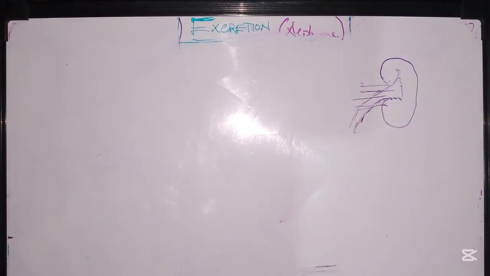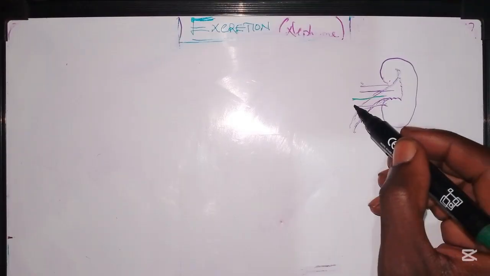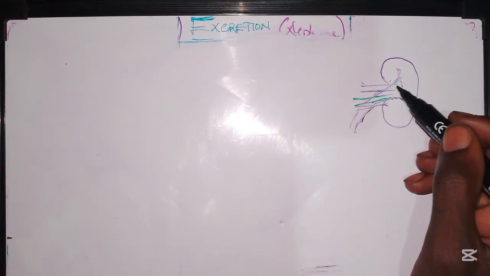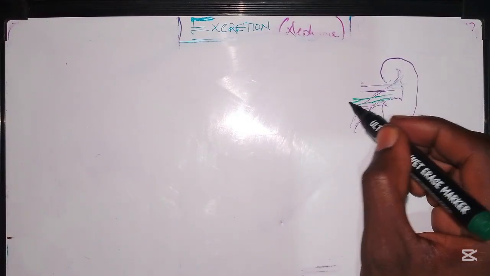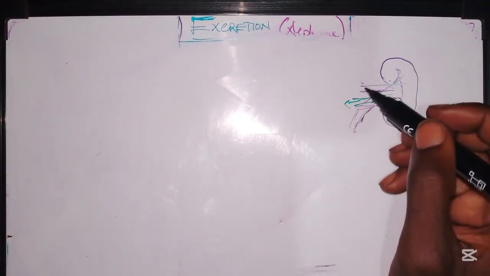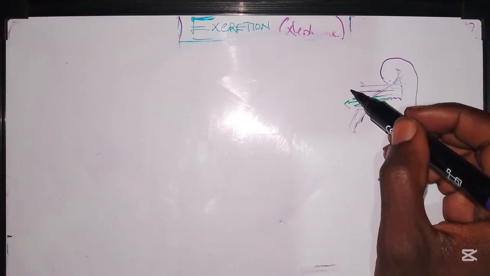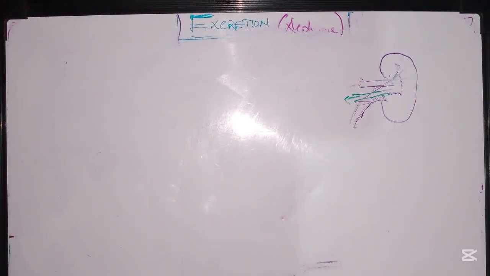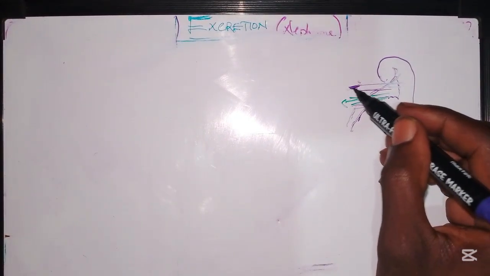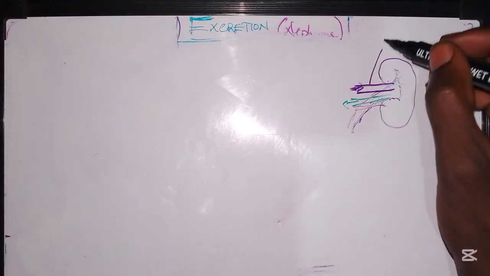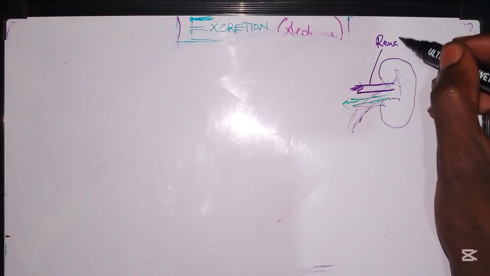Remember, I told you that the kidney basically has two blood vessels. One brings blood to the kidney, and this vessel is known as the renal artery.